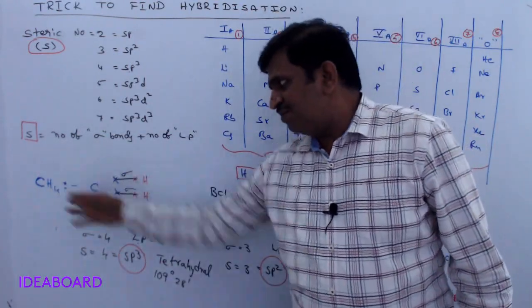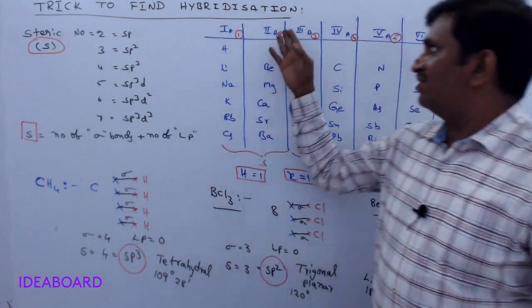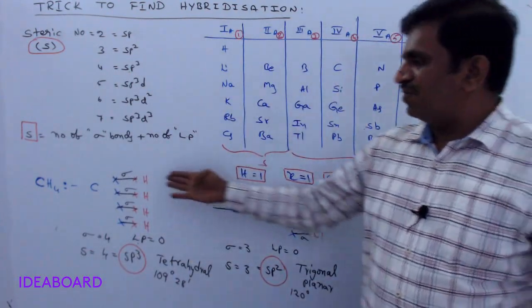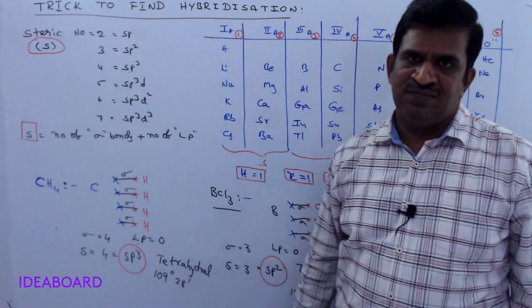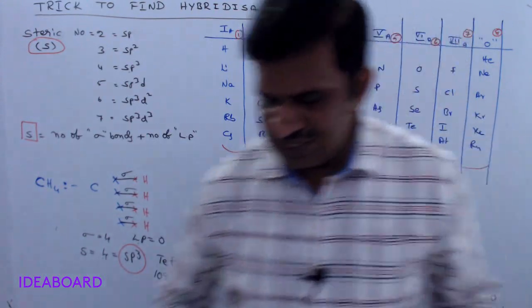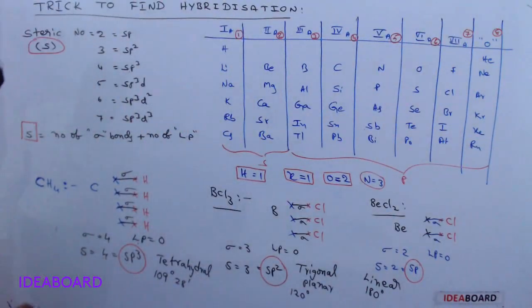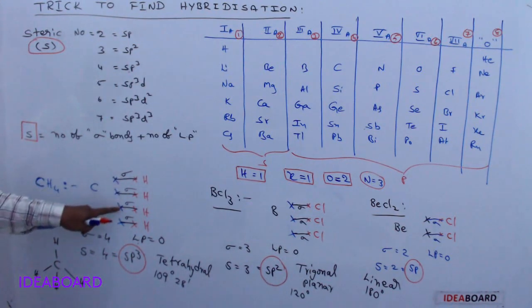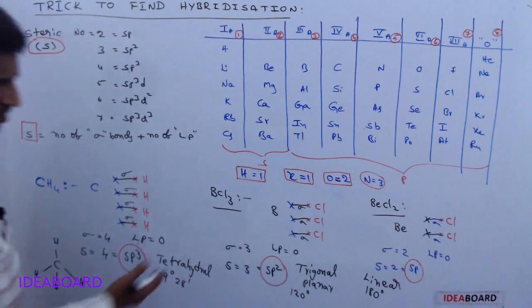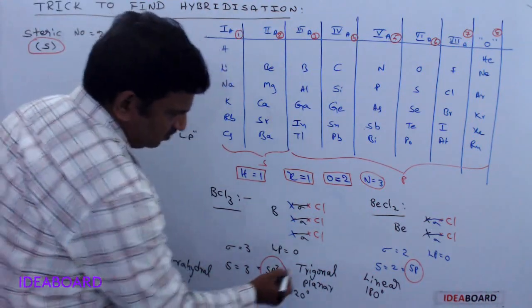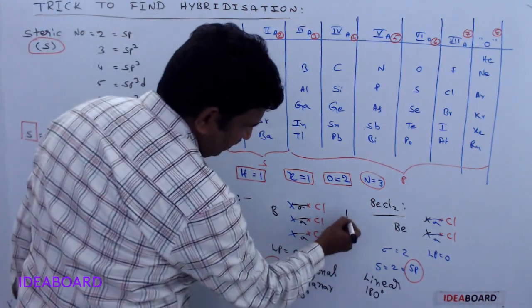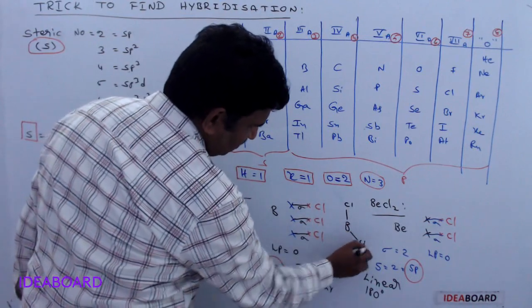On the central atom carbon, 4 electrons are present in the valence shell, and 4 participate in the bonding with hydrogen. So what is the CH4 molecule? You can simply imagine the CH4 structure. This is 1, this is 2, this is 3, this is 4. 4 bonds are present now. Similarly, the BCl3 structure: here, see, this is B, chlorine, another chlorine, and another chlorine.